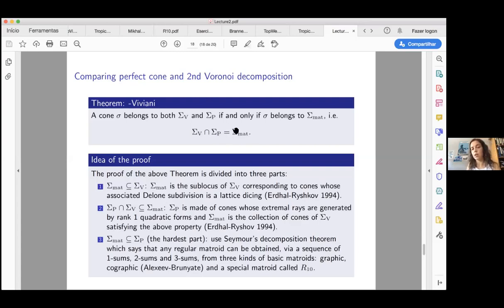It's a very interesting locus where I think there are lots of things to be understood. Sometimes it's hard to understand the whole decomposition, but still the matroidal locus is more feasible, and it's a good place, for instance, to check the Jacobian locus. Here is a sketch of the proof, which I will not go into, but if you're curious, you can check the slides to have an idea of how one can show this statement.